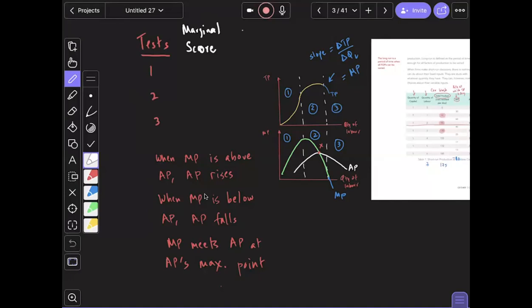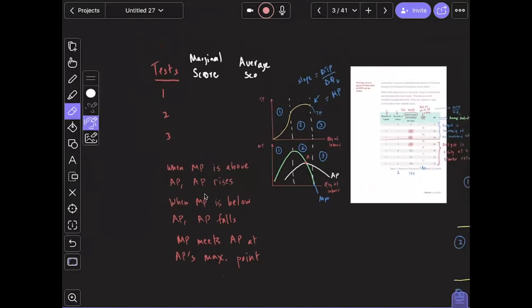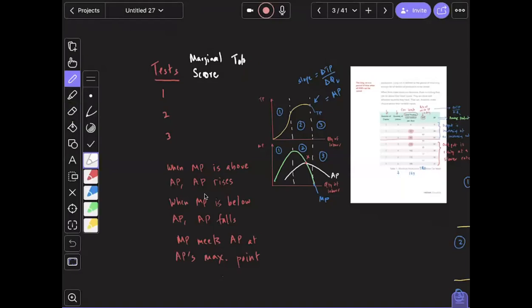Then we should have total score, and then we should find your average score.